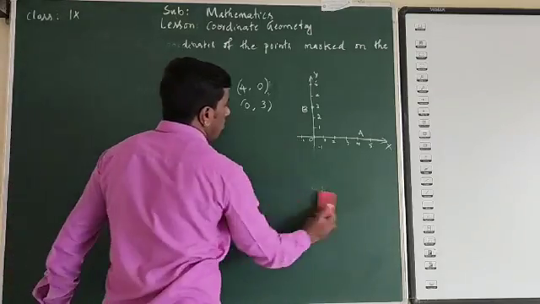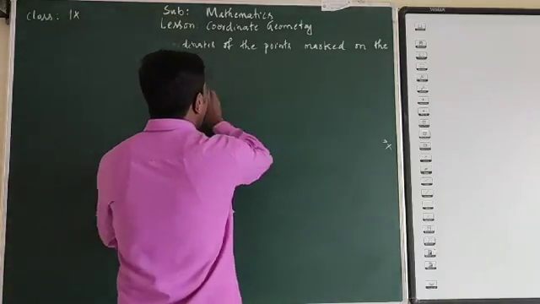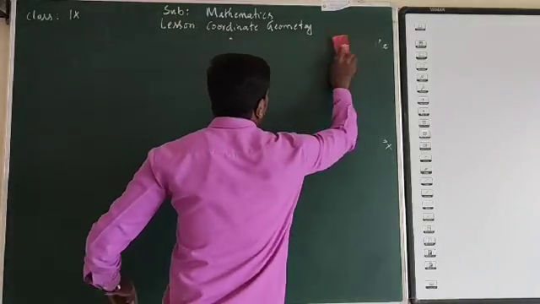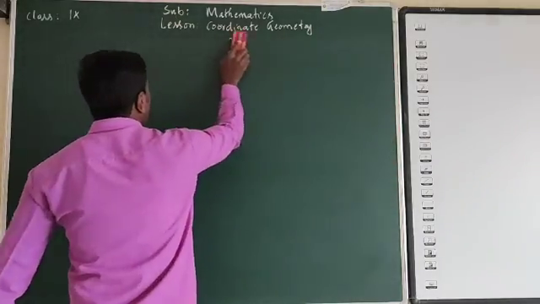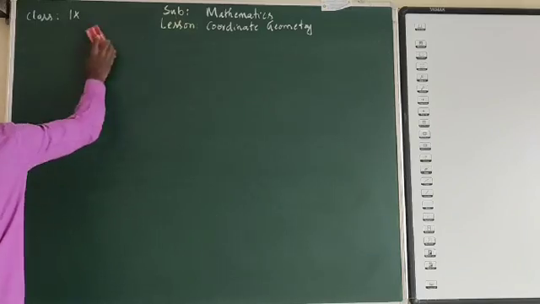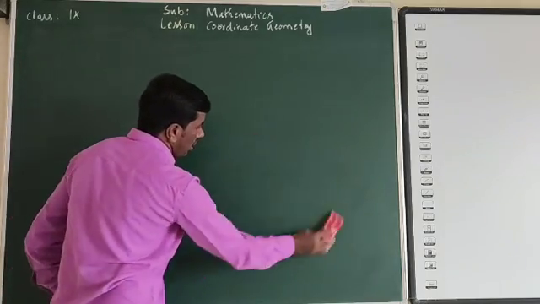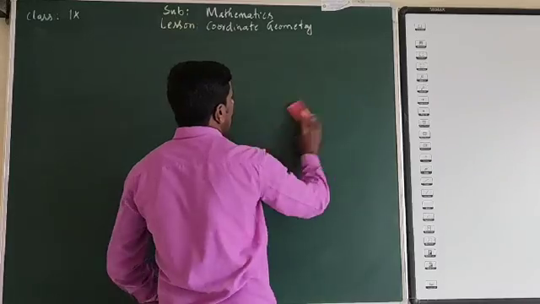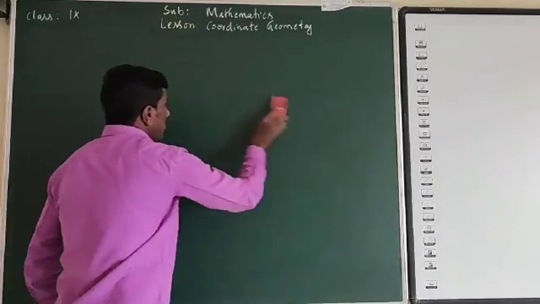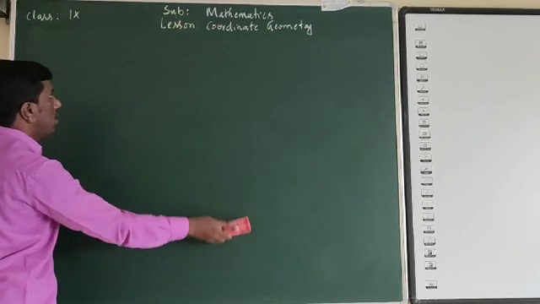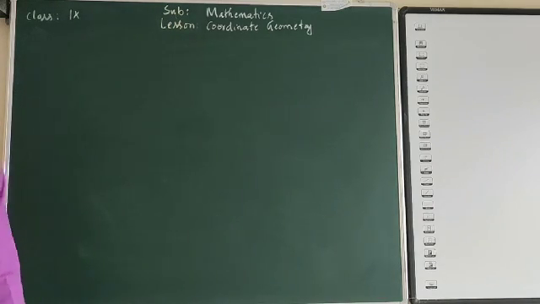That is plotting a point, or locating a point on the plane, in the Cartesian plane or in the xy plane. How to locate the point? Here they have given the point, we have taken the coordinates. Sometimes they will give the coordinates, we need to locate those coordinates on the plane.